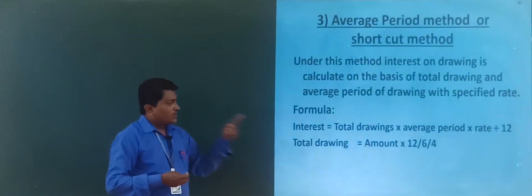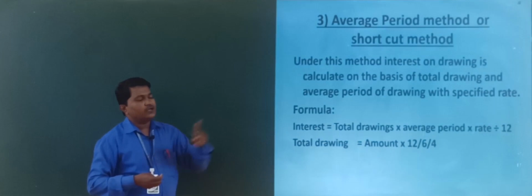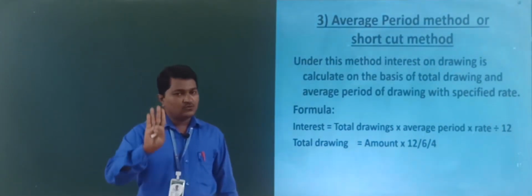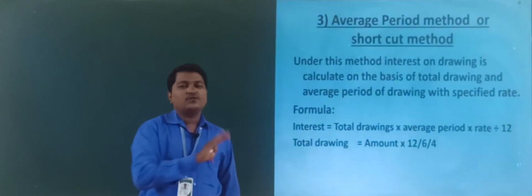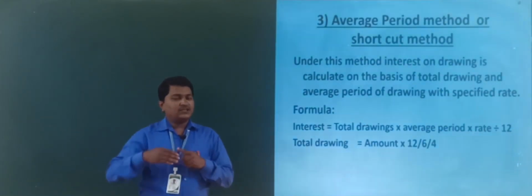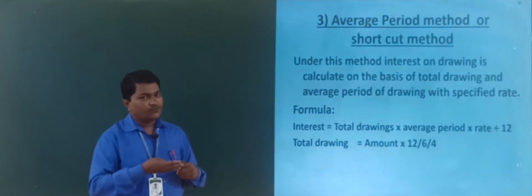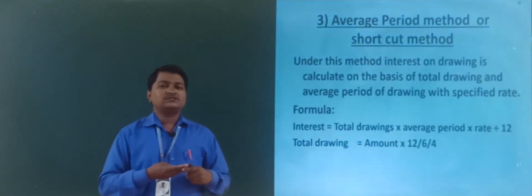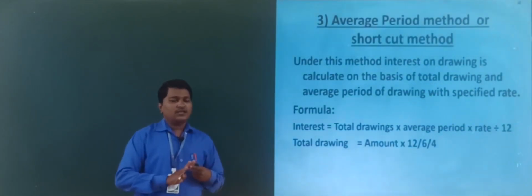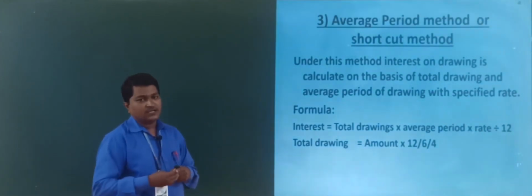You multiply by only one number, either 12, 6 or 4, depending on the question. If the question says full year, multiply by 12. If he withdrew only for 6 months, multiply by 6. If he withdrew quarterly in a year, multiply by 4. We will discuss this again in the questions.